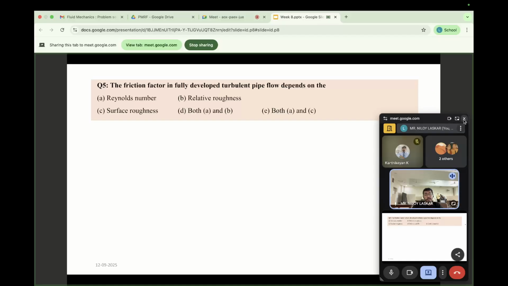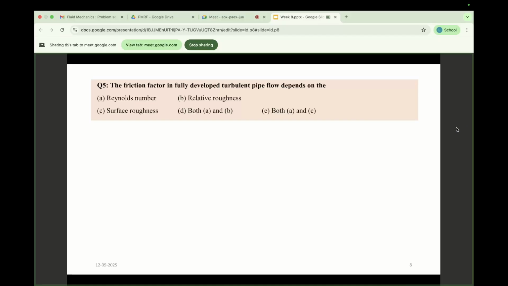Why? As I talked about laminar flow, a fully developed laminar flow, the friction factor depends on the Reynolds number, but I said that in that case it doesn't depend on the surface roughness.